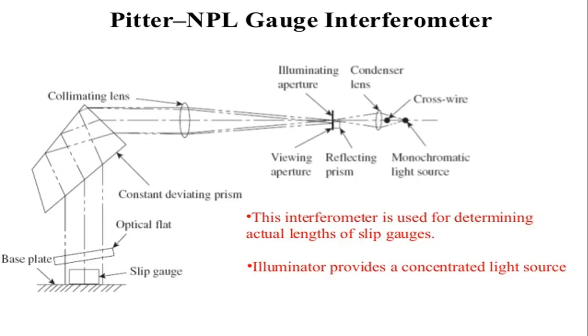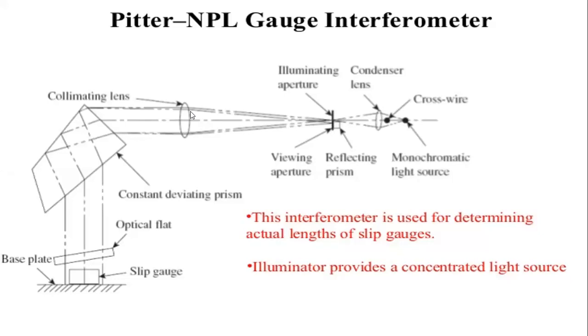So let's see the different parts of the NPL gauge informator. This is the monochromatic light source. This is the first one, that is the monochromatic light source, and then the cross wire and condensing lens, reflecting prism, illuminating aperture, and viewing aperture.